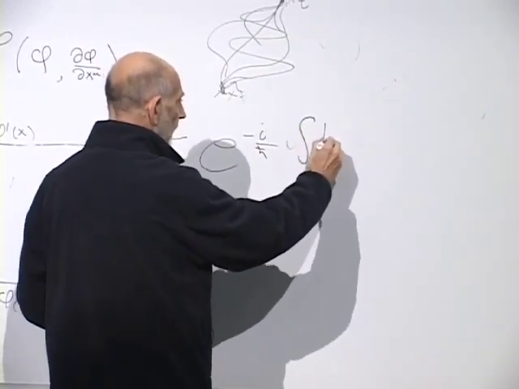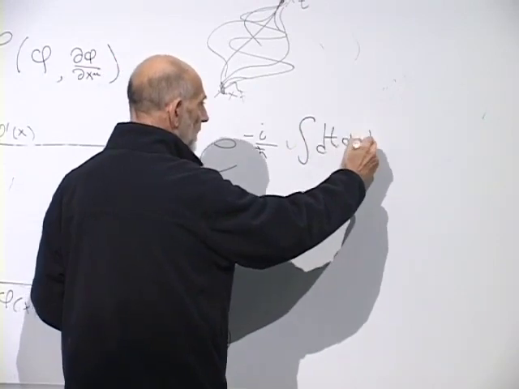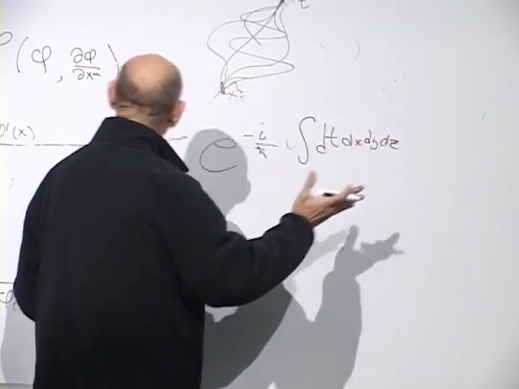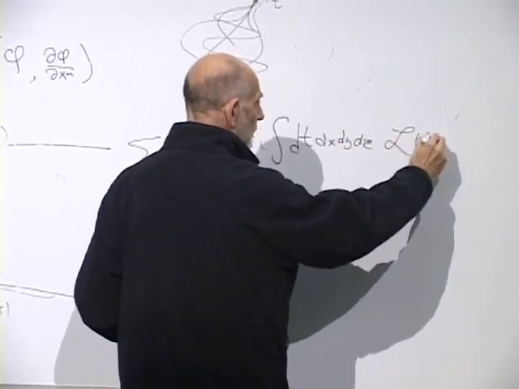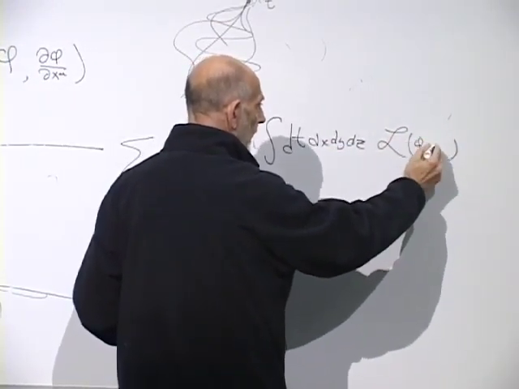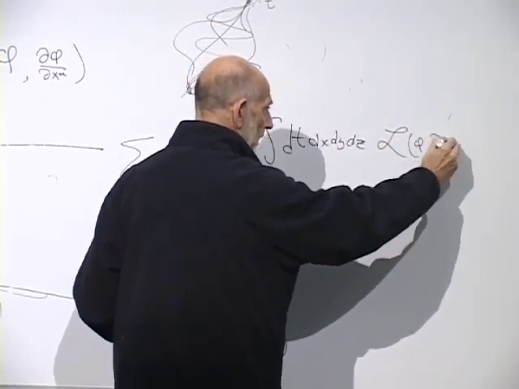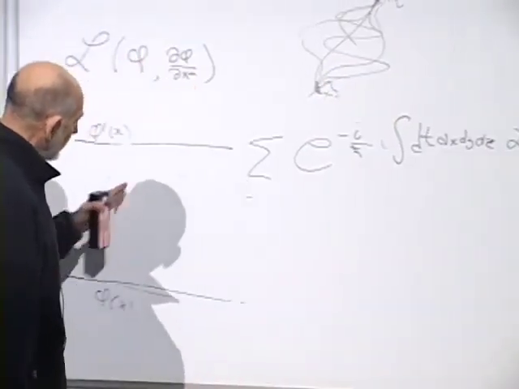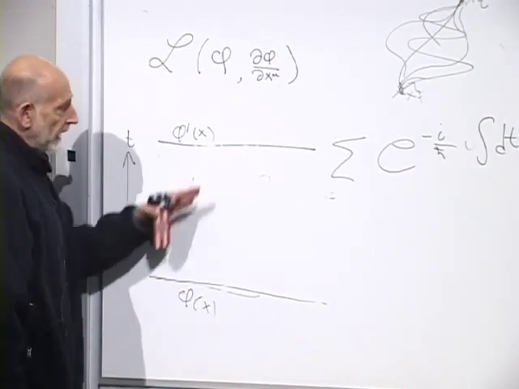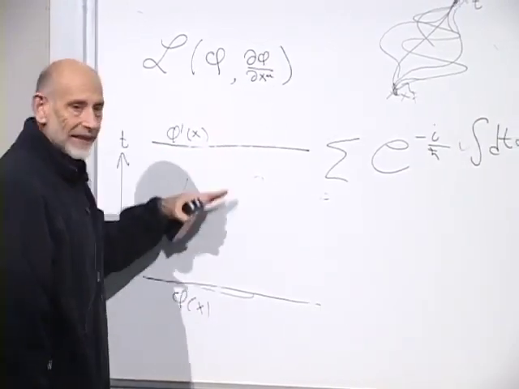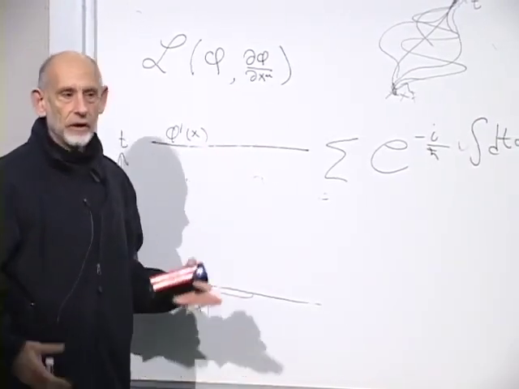That's the integral dt dx dy dz, d4x of the Lagrangian, which is a function of phi and the derivatives of phi. So you evaluate the Lagrangian at every point, integrate it up. That gives you the action for a particular, let's call it a trajectory.